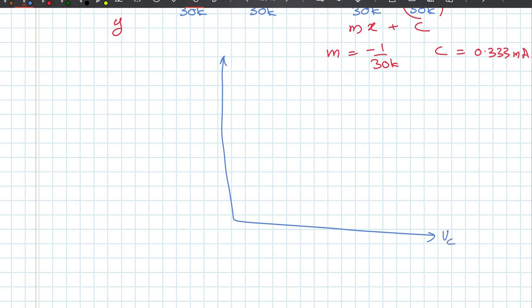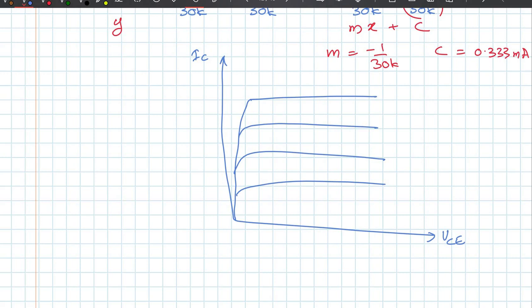This is VCE, this is IC. I have the characteristic curves already given, and we know there's a saturation region and a cutoff region. This is cutoff, this is saturation.